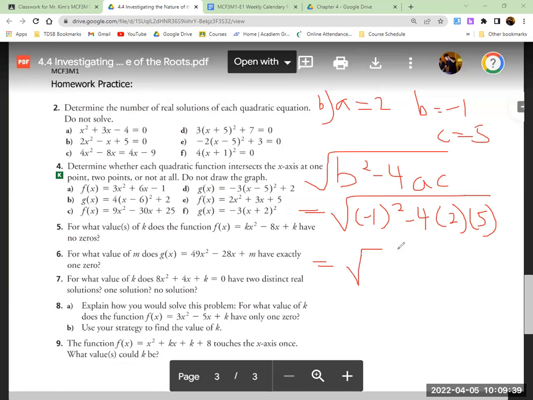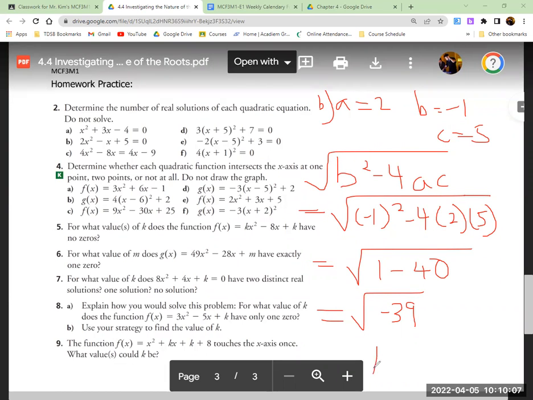That is equal to -1 times -1, which is a positive 1. Minus 4 times a 2 times a 5 is -40. Huh. The square root portion is a negative value. What does that tell you? Is it possible? No. Can you find x values?